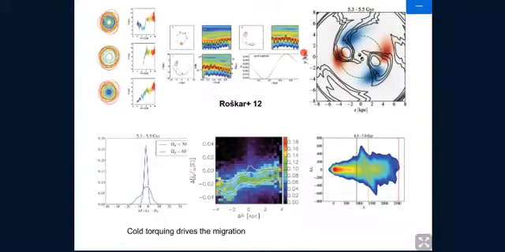If this was a chaotic process, the power, this is what the colors are, the power would be broken up in lots of little segments. The fact that it's varying continuously tells you that, in fact, this is all a very gentle process that's happening. It's really surfing on that spiral. So I think this establishes quite nicely that what we're seeing here is the cold torquing that Sellwood and Binney talking about.